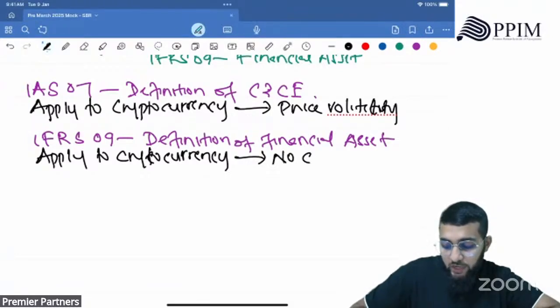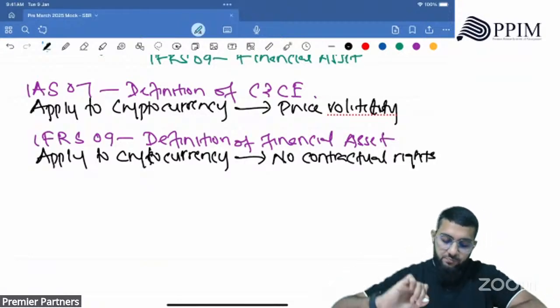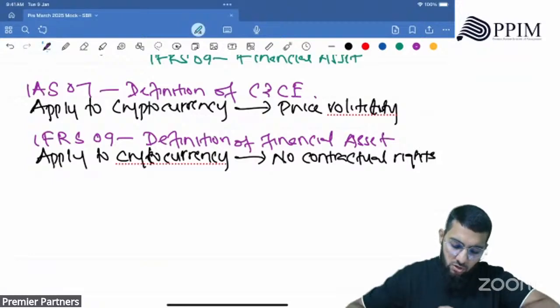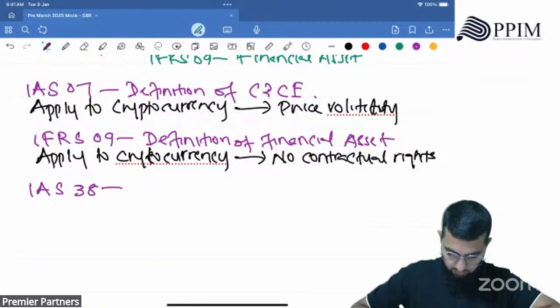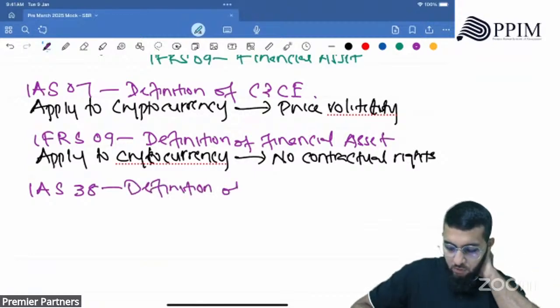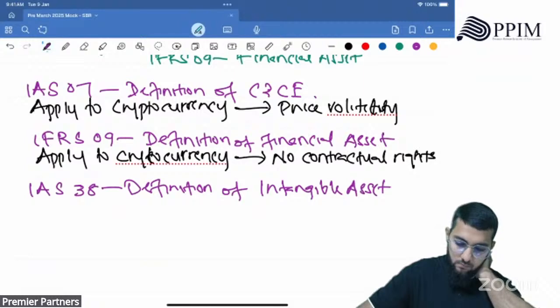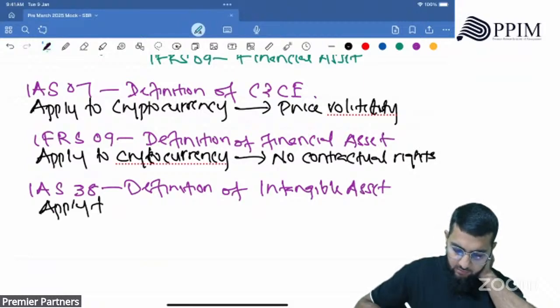No contractual rights is the reason why it does not meet. Then you bring the IAS 38 definition of intangible asset. Apply it to cryptocurrency.